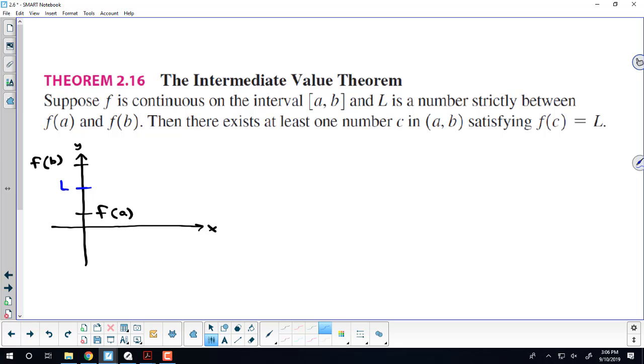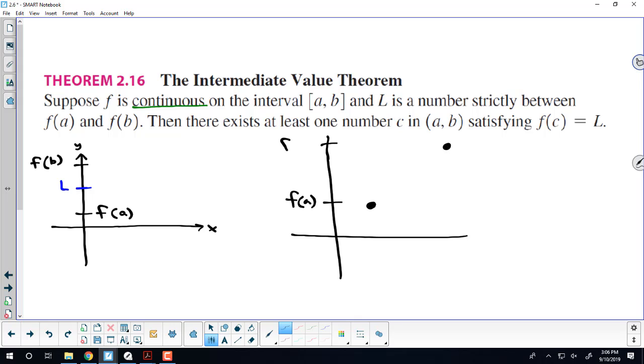Notice that wouldn't be true if the function was not continuous. But since the function is continuous, we know it has this point here at f(a) and this point here at f(b), and we know the function is totally connected and uninterrupted in between a and b.